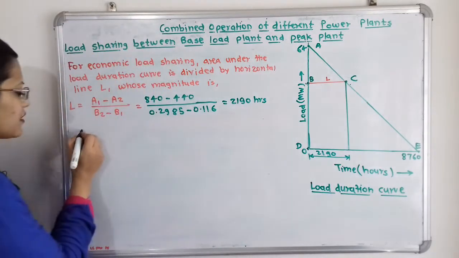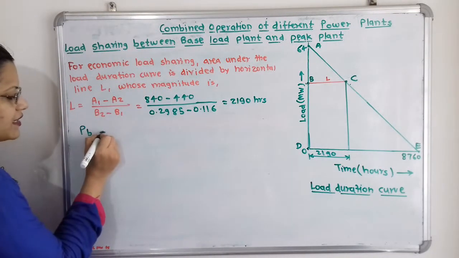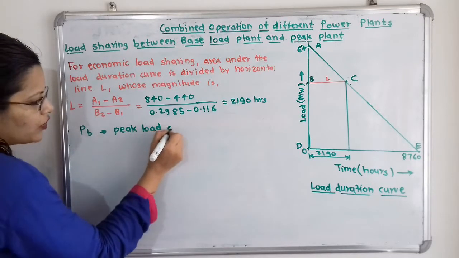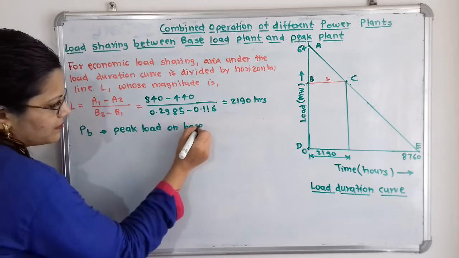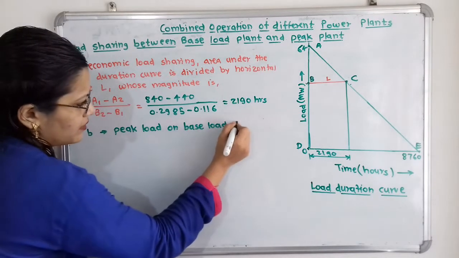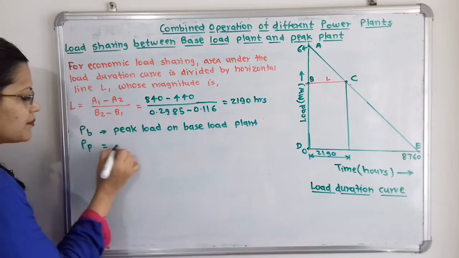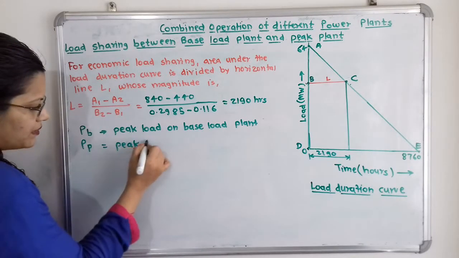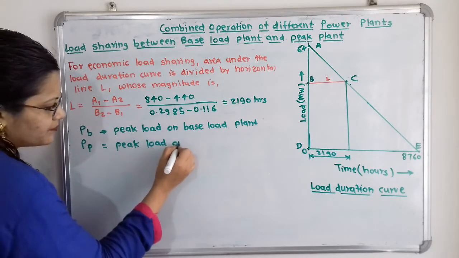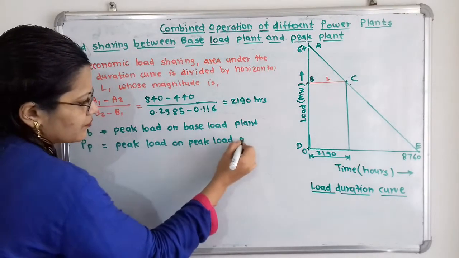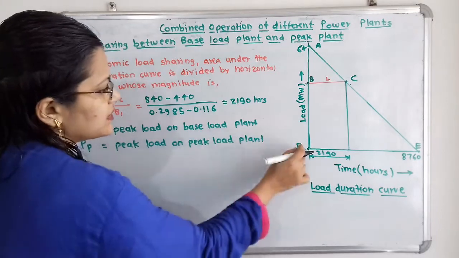So I will give the notation PB, that is peak load on base load plant, and PP is nothing but peak load on peak load plant. Now we will show this in this diagram.